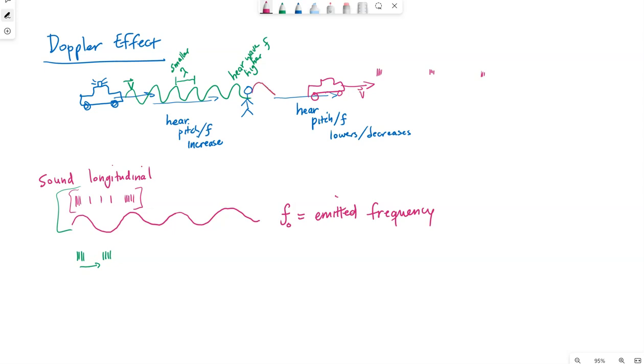If the compressions are observed farther apart, that means a longer wavelength is observed, and we hear a lower frequency.